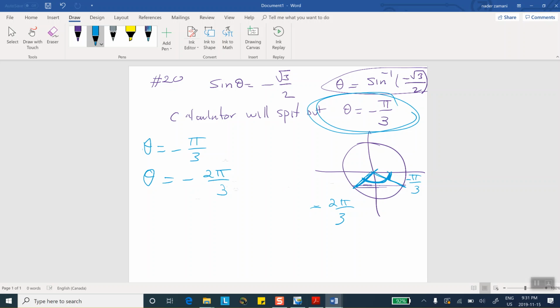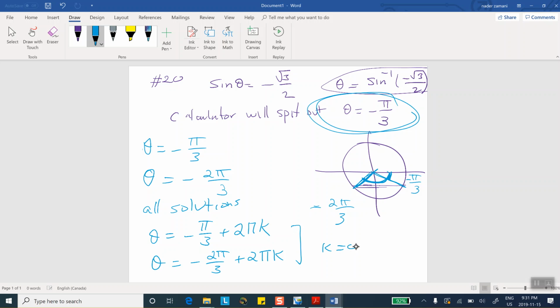So all solutions are going to be theta equal to minus pi over 3 plus 2 pi k, and theta equal to minus 2 pi over 3 plus 2 pi k, where k is equal to 0, plus or minus 1, plus or minus 2, etc.